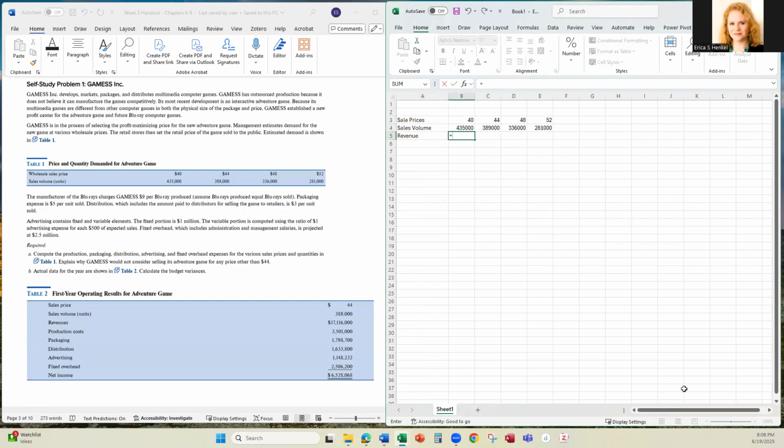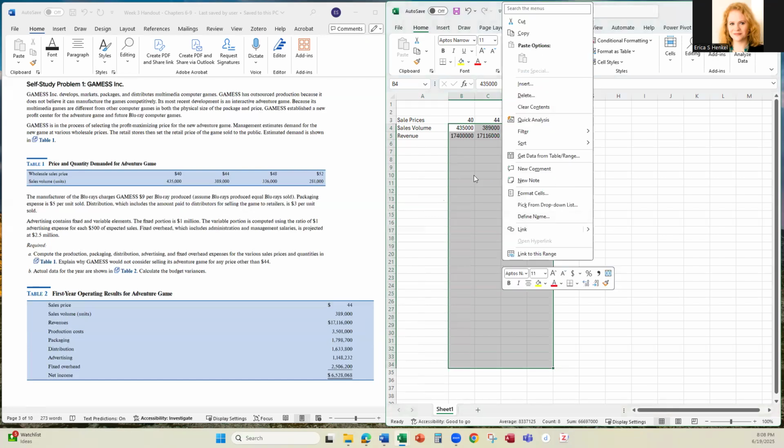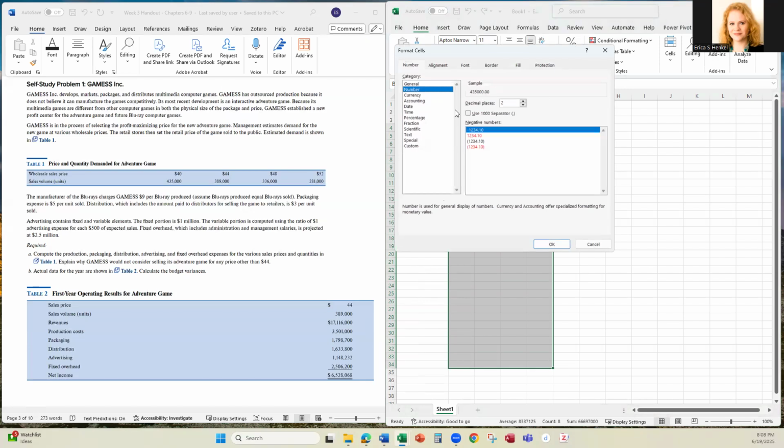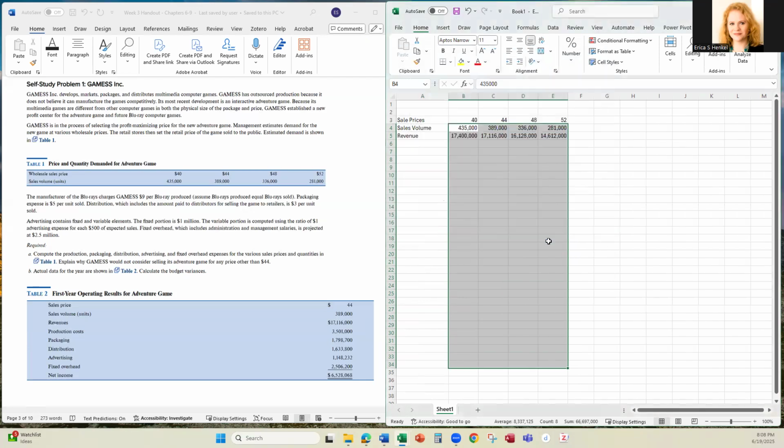Just going to multiply this out in terms of dollars. Drag that across, and I'm going to change some formatting here so the default ends up being with thousands in here. Okay, just to make it a little bit more readable, all right?